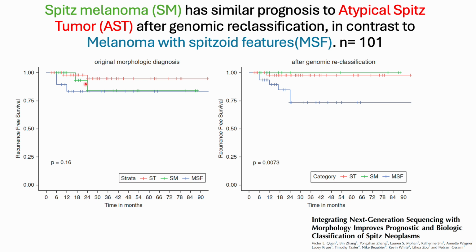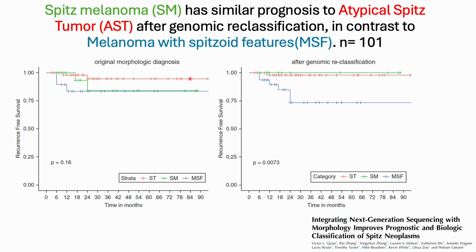And again, the green line here, the Spitz melanoma, also seems to have a behaviour similar to spitzoid melanoma, and that's because in the Spitz melanoma category, there were mixed up conventional melanomas with BRAF or NRAS drivers.